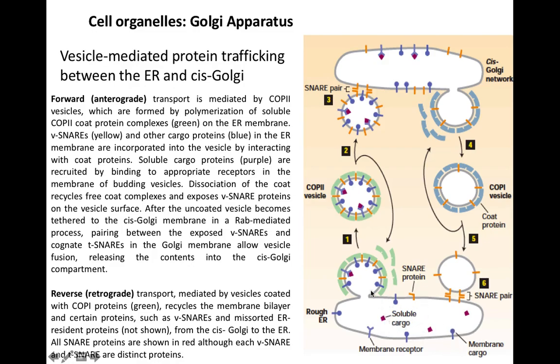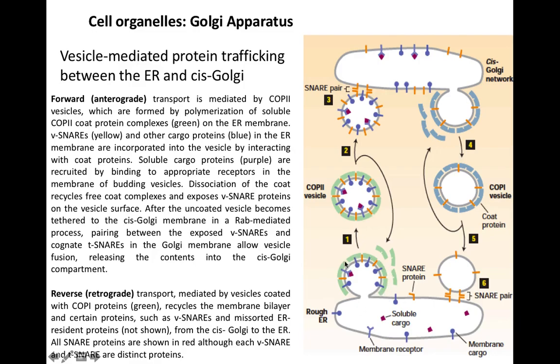The soluble cargos are received by the receptors in the membrane, and the membrane cargos remain embedded in the membrane of the vesicle, which buds off from the rough ER. This process is facilitated by the interaction with the COP proteins. As you can see, these proteins of the membrane cargo are interacting with the coat proteins, which are COP2 proteins in this case. So this vesicle buds off from the ER.